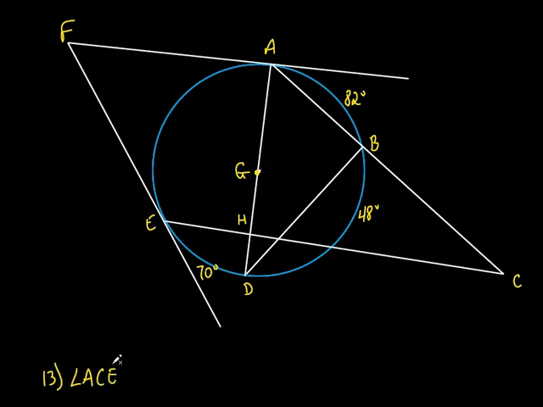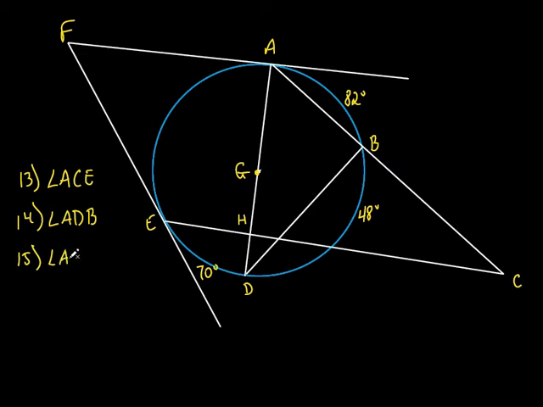Let's put this up here so I can see it. Then 14 is ADB, 15 is AFE, and 16 is EHD.